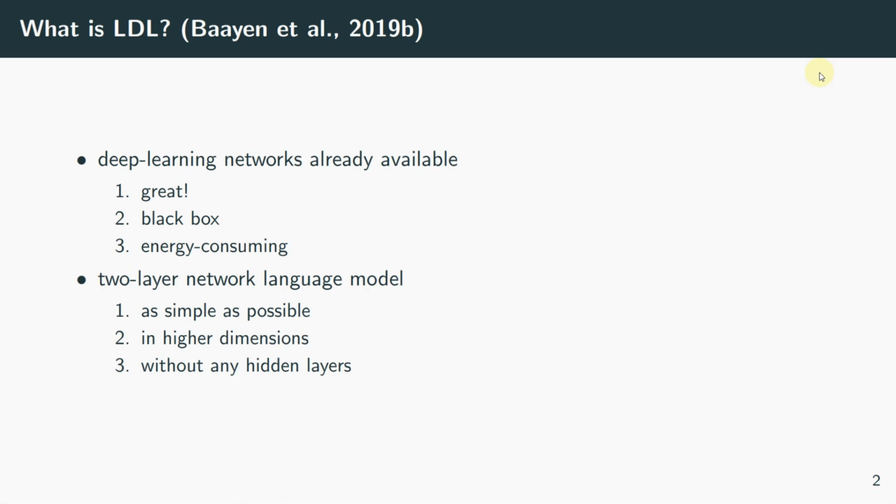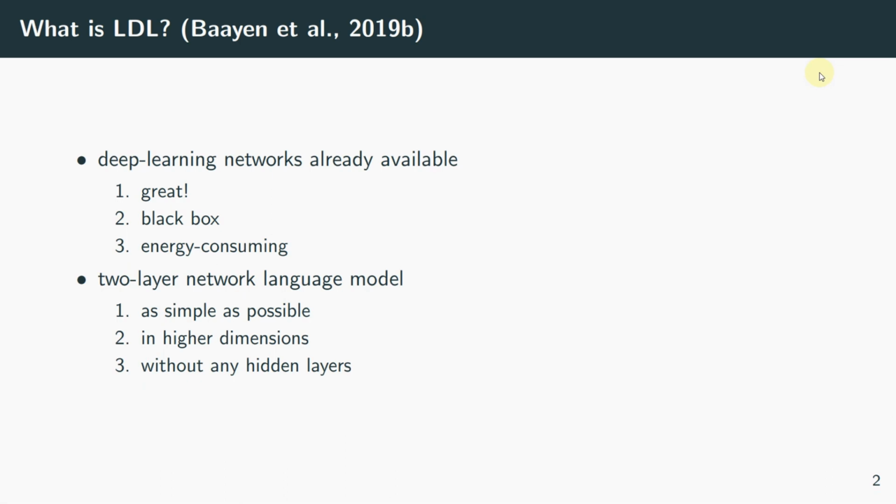Talking about language models, there are already plenty of deep learning neural network models available. They are great. They did really great jobs. However, when we have hidden layers behind hidden layers, we lose track of those machines. We don't know how exactly those machines work. And they use a lot of energy during training.